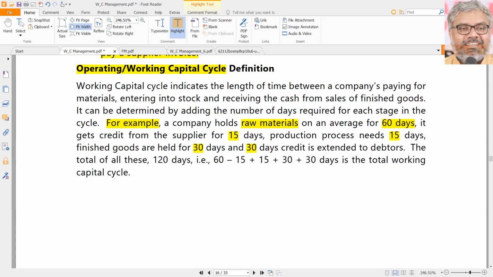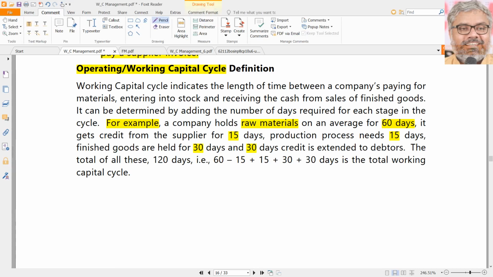Simply take all the items which are current assets as plus, and the one and only item which is a current liability as minus. So raw materials, 60 days, they will be in the cycle. Then the production process will be work in progress. This is raw materials, this is work in progress. That will be 15 days.